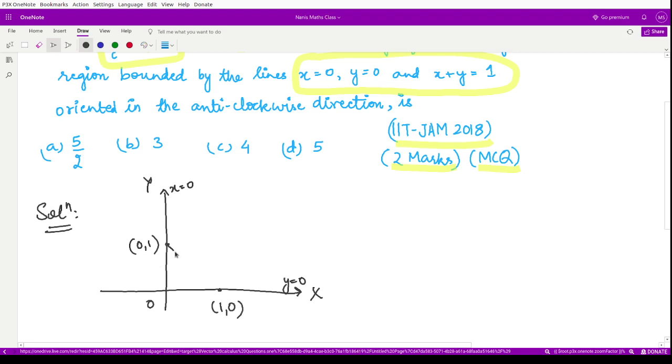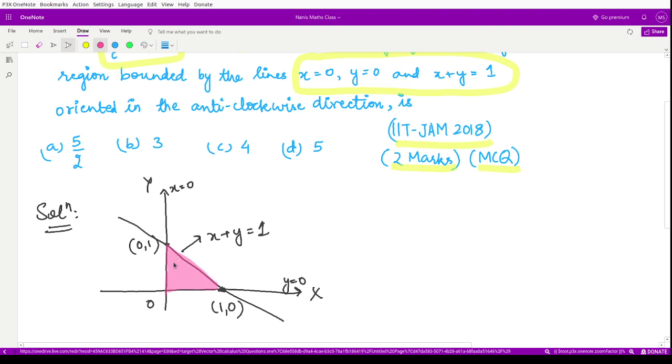So this would be your line over here. So this is the point 1 comma 0. The equation of this line is x plus y is equal to 1. Therefore, our region of interest over here is the region between these 3 lines, which is the triangular region.